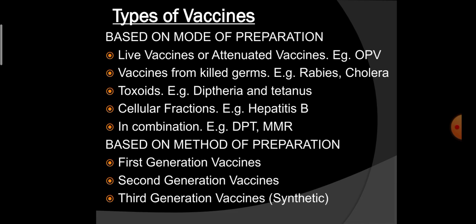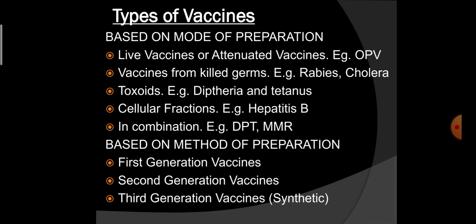Live vaccines or attenuated vaccines are prepared from live, weakened or non-virulent organisms. For example measles, mumps, typhoid, OPV. OPV is oral polio vaccine. Any one example you can write. Even BCG is also a live vaccine.